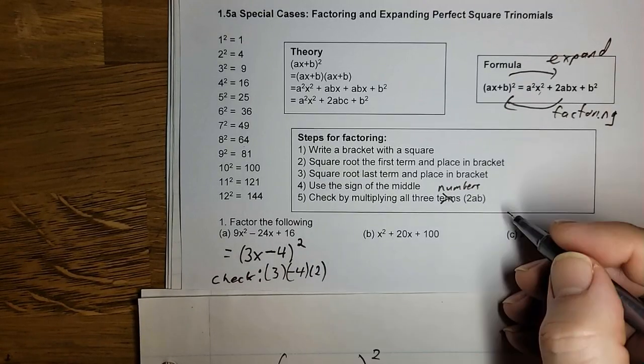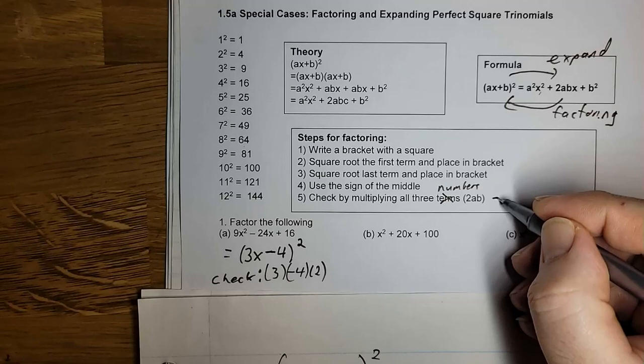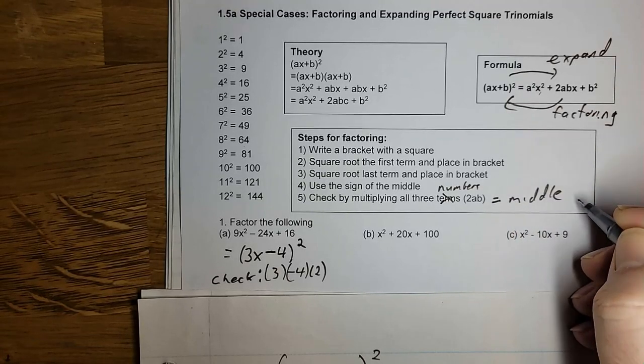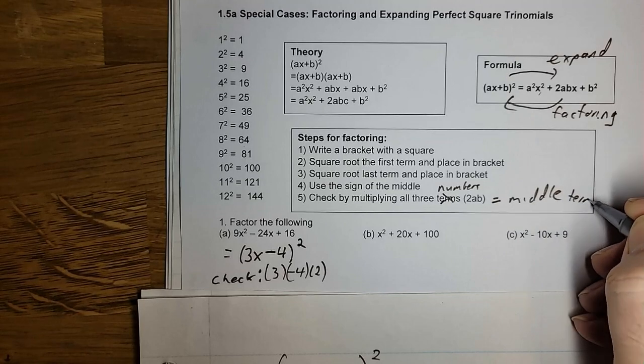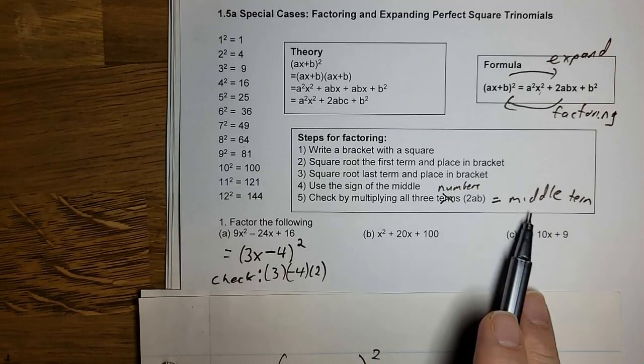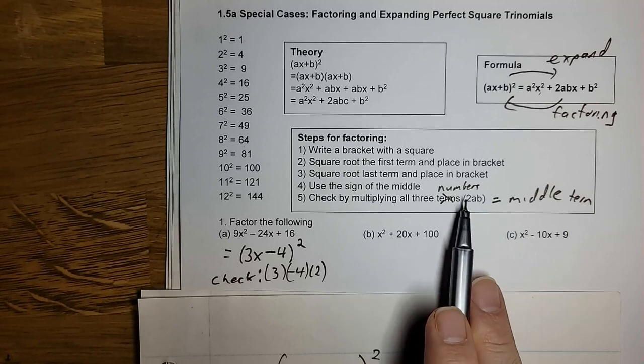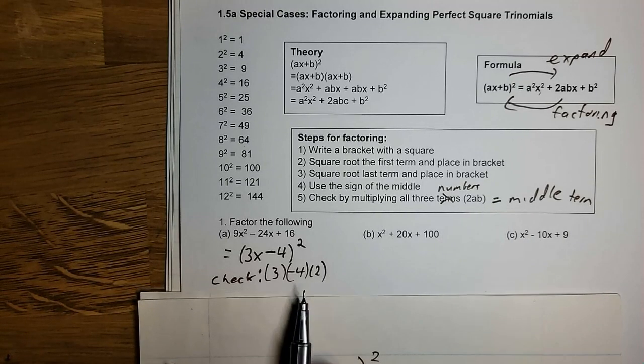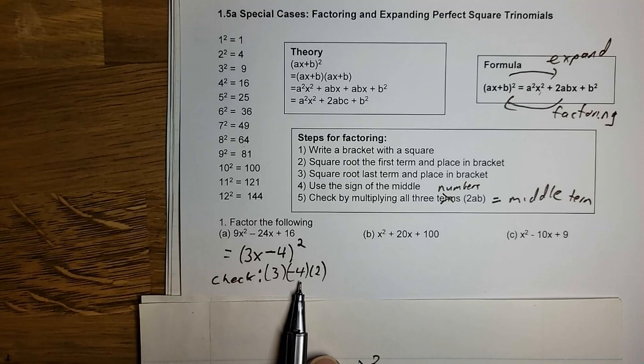Right? And maybe I'll add this to your note, and that has to equal the middle term. So I'll add this to your note. So this will already be better. So when you multiply the three numbers, the 2AB, it has to equal the middle. So let's see. 3 times 4 is -12 times 2 is -24.